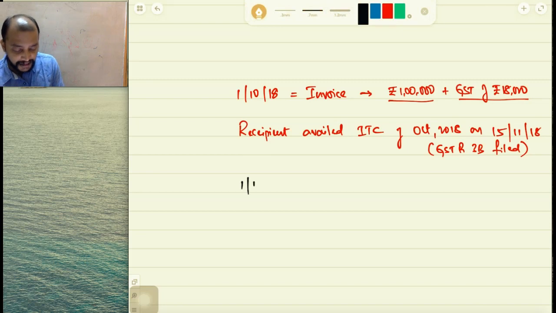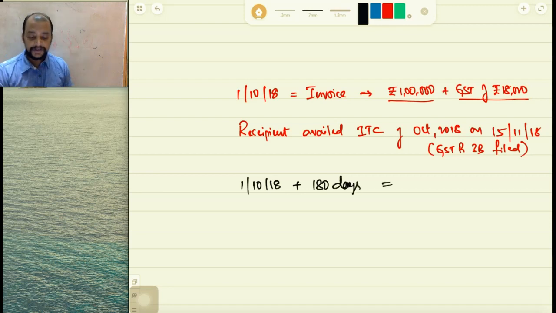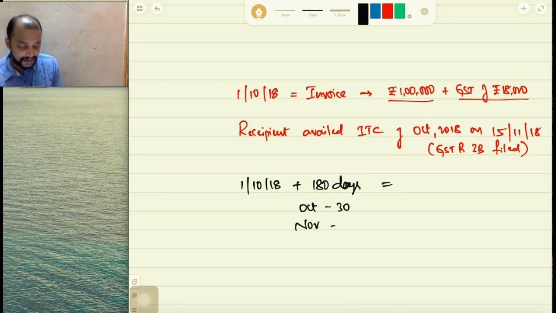So, from 1/10/2018, you add 180 days. You will be getting the deadline. So, October 1st. In October, how many days? In October, 30 days. And in November, 30 days. In December, 31 days.